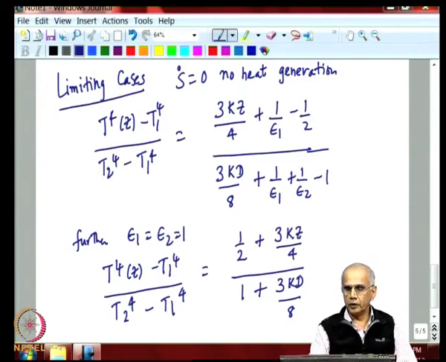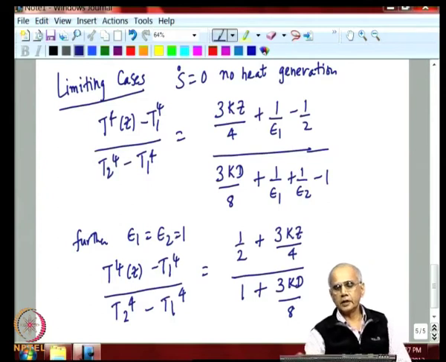We had called this kappa naught, k into d, the non-dimensional optical depth, and so we saw that there was a temperature slip at both walls, at z equal to 0 and z equal to d, and these numbers exactly match what we had obtained for the case of radiative transfer between two black walls with no heat generation.